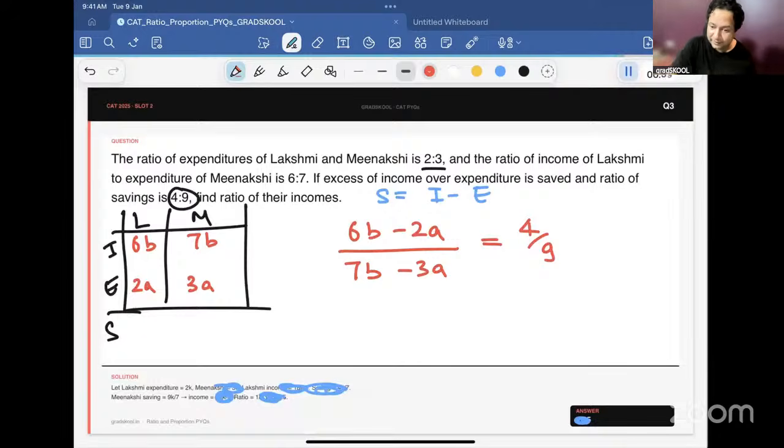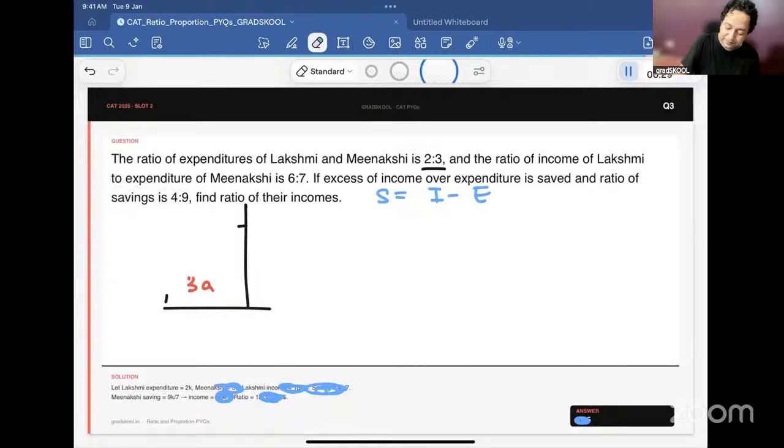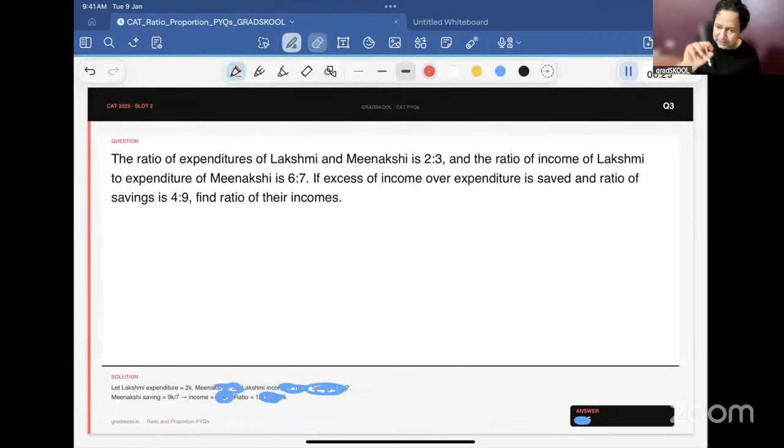I think I have gone wrong here. I just wrote the values in the wrong grid. I'll just make it again and write the right grid. I have Lakshmi here, Meenakshi here.